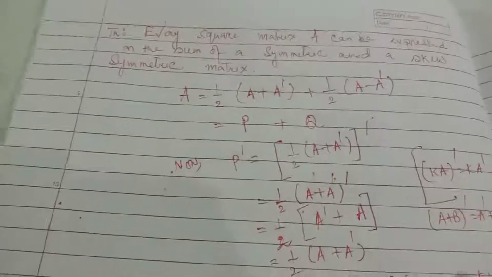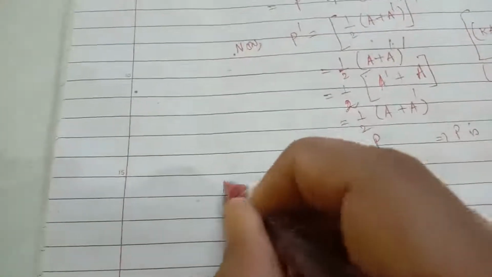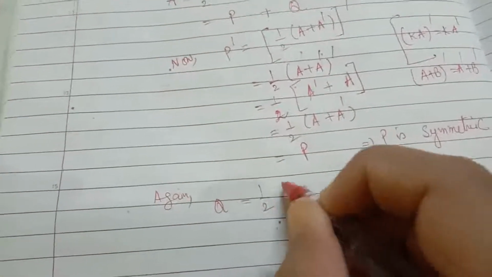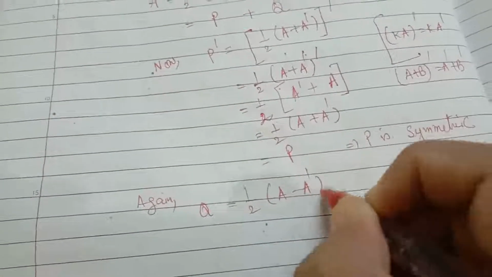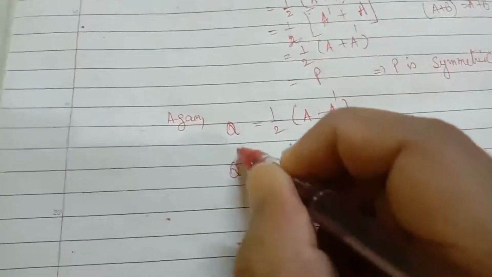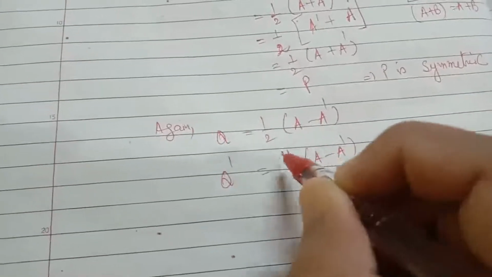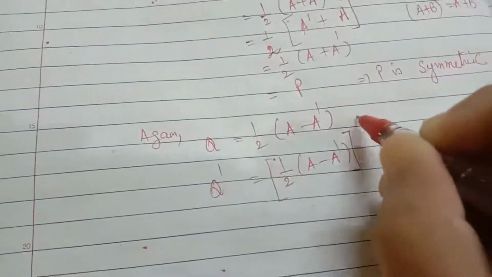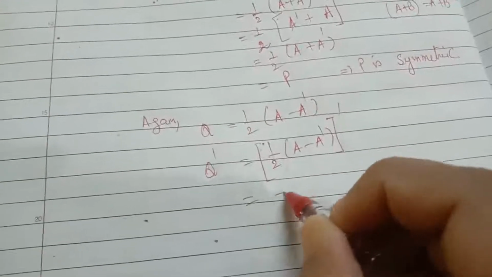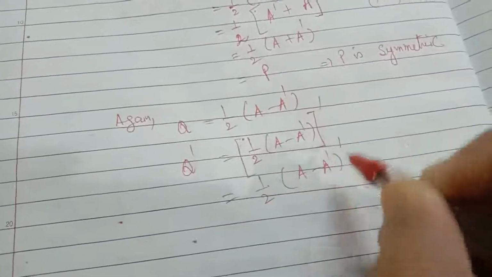Next, this is our Q. Q equal to half into A minus A dash. What is Q dash? It will be half into A minus A dash whole dash. Half is a scalar, it will be half A minus A dash whole dash.